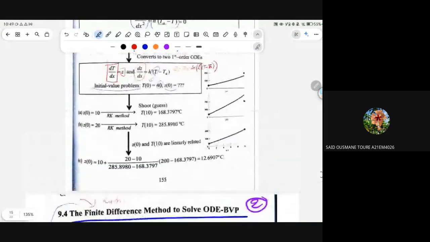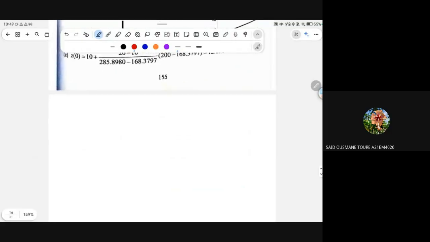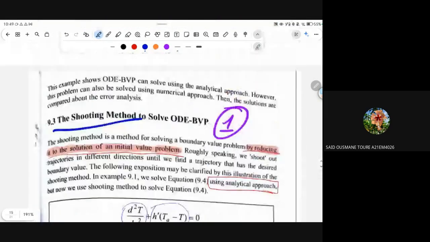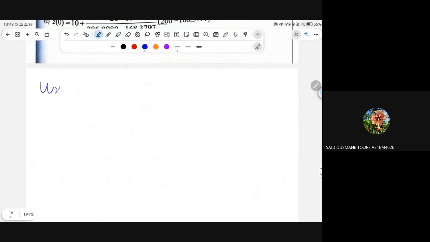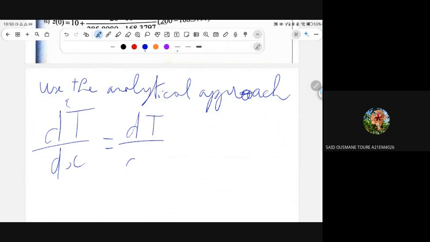Again, let me make it easier for you. If I ask you to use the analytical approach, what you should be able to do is say that this d squared t over dx squared equals dt over dx times dz over dx.